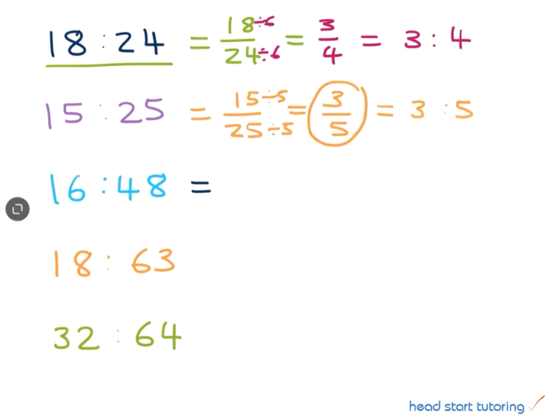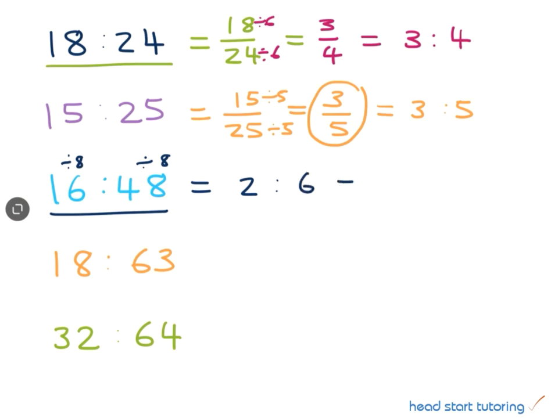Right, so when we are working with 16 to 48, let's try and simplify it straight away in our ratio format. So 16 and 48, we need to find a common factor. So we can start with 8. Let's divide both 16 and 48 by 8. 16 divided by 8 is 2, and 48 divided by 8 is 6.